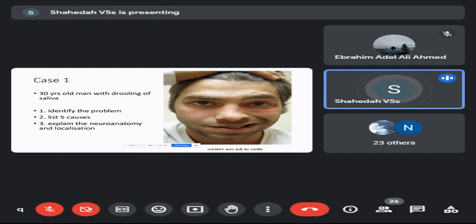What is the difference between an upper motor neuron 7th nerve lesion and a lower motor neuron 7th nerve lesion? Anyone would like to answer? Is it the sparing of the forehead? I know that is the difference, but your friend wants to know why you said this is lower motor neuron. In terms of neuroanatomy, how do you explain this?